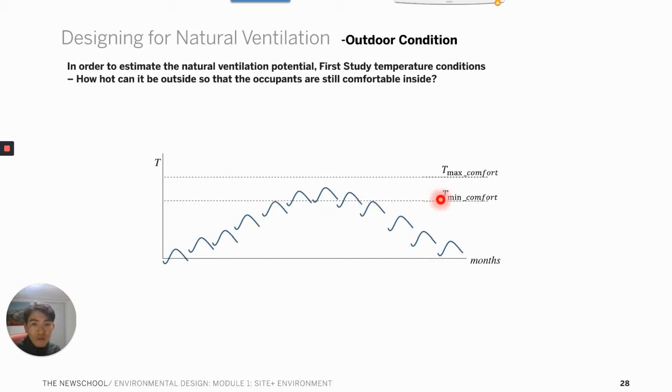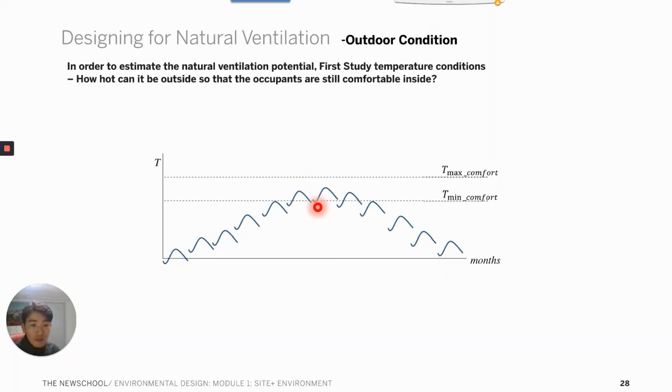And there are two horizontal lines. These temperature maximum and temperature minimum represent the thermal comfort zone that you set up during the previous step of the design. This can be based on ASHRAE or adaptive comfort or your own standard that you develop.